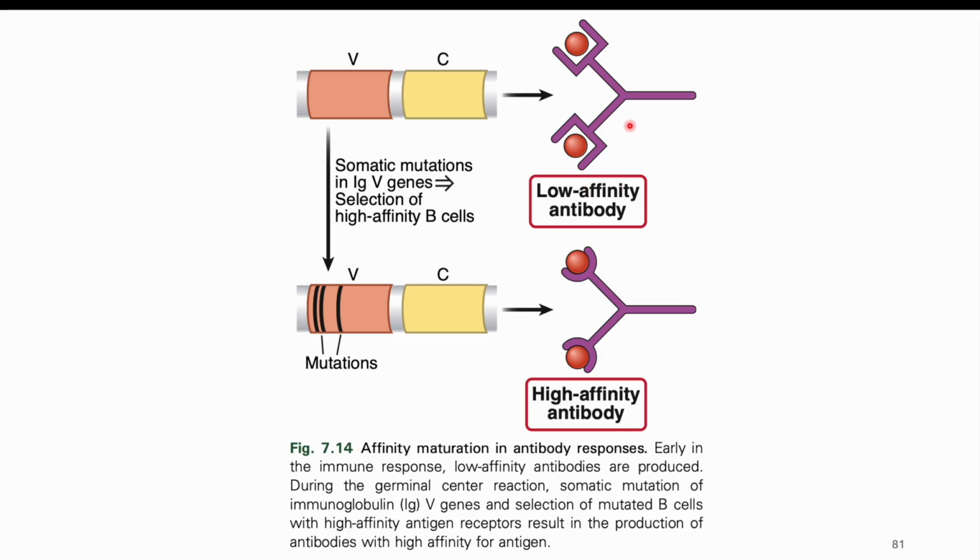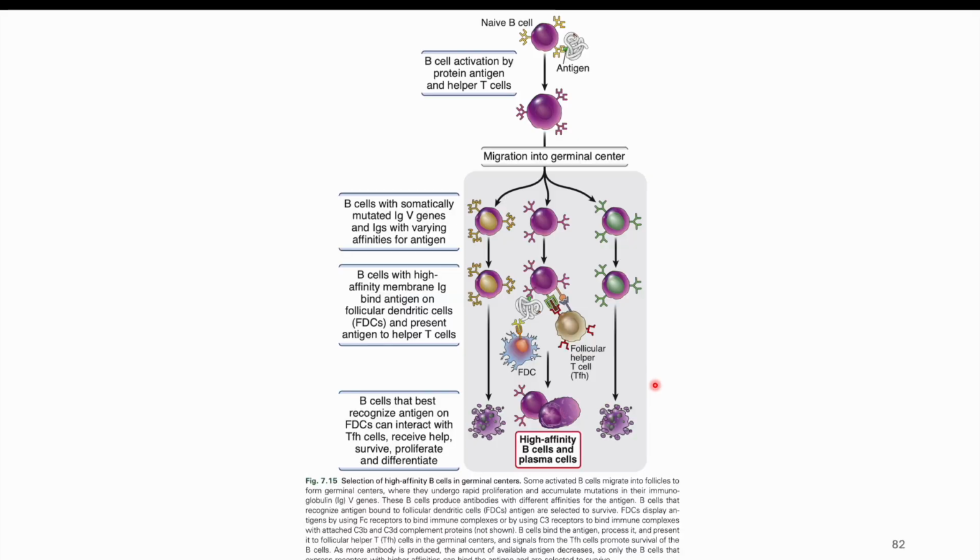During the germinal center reaction, somatic mutation of immunoglobulin V genes happens, and the selection of mutated B cells with high affinity antigen receptors results in the production of antibodies with high affinity for the particular antigen, which will be selected and then released in the serum. This process we have seen, and we might see it in the coming slides as well.